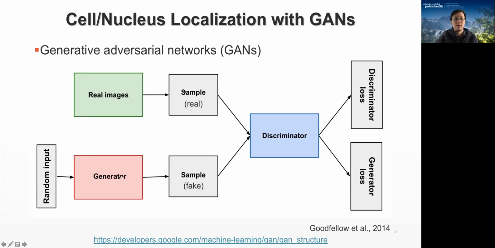You feed these real images and fake images to the discriminator, and the discriminator will try to classify these two types of samples. It will differentiate whether an image is real or fake. You train this model by doing a minimax game in this GAN framework.